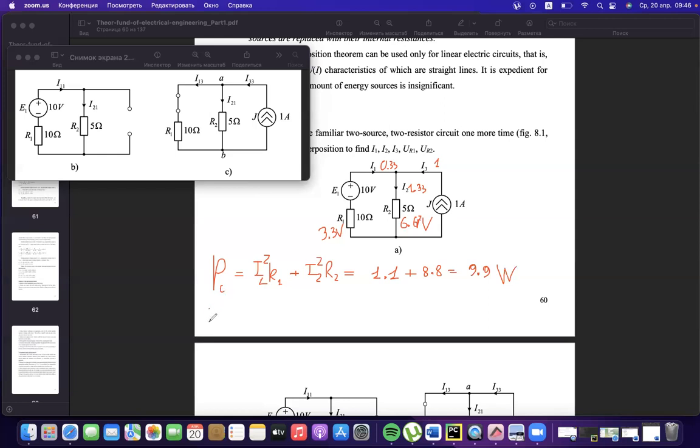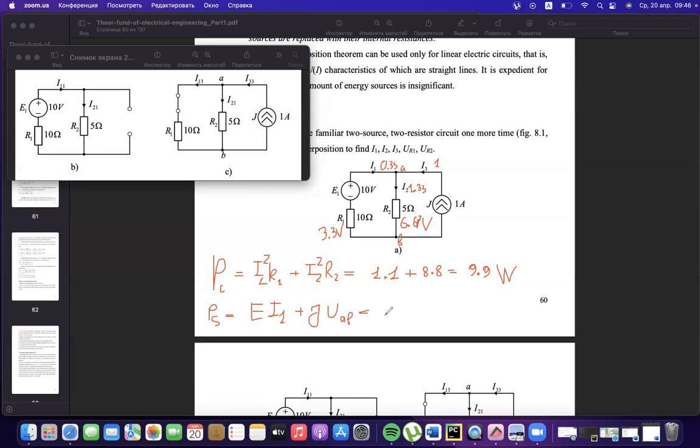And about sources, you have two sources of energy, electromotive, multiply on current I1, and current source. Current source, you have to multiply on voltage AB between these 2 points in which this source is applied.